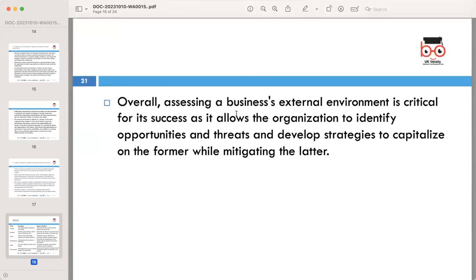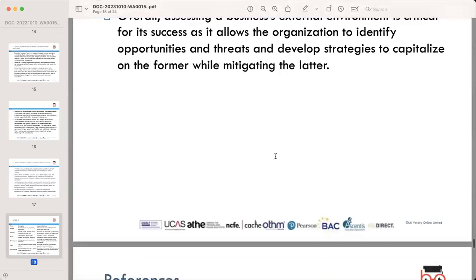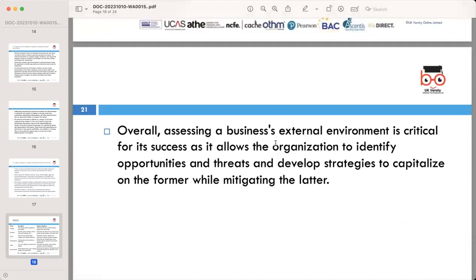So next one is overall, assessing a business external environment is critical for its success, as it allows organizations to identify opportunities and threats and develop strategies to capitalize on the former while mitigating the latter. On the significance of assessing the external environment in the grand scheme of business success, evaluating a business external environment is pivotal.